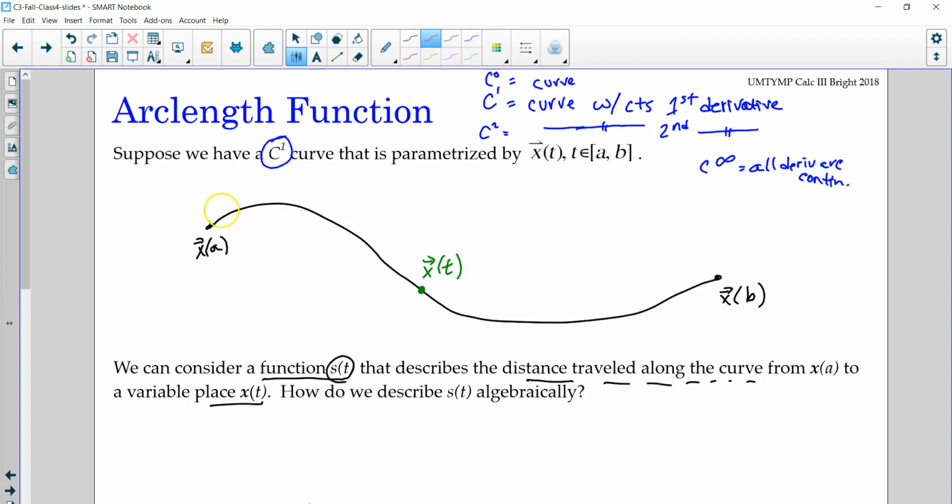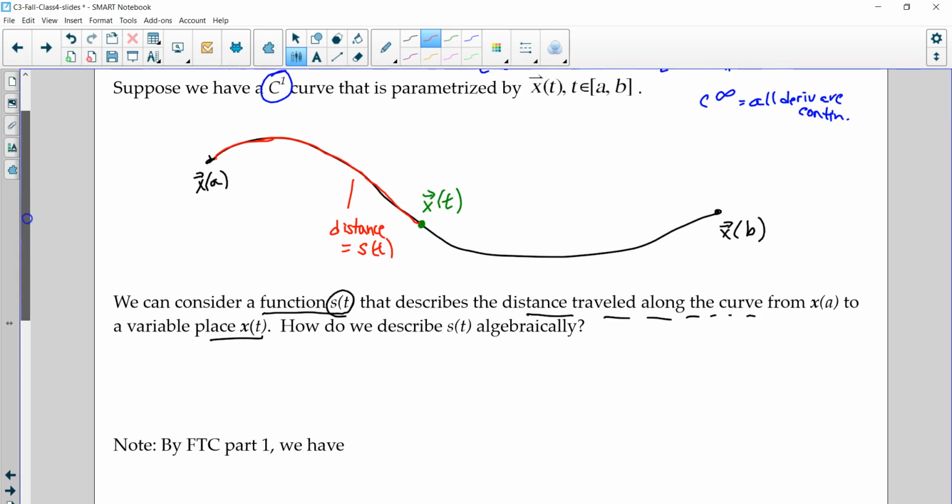And what I want this s function to do is to trace along this path from x of A to x of t. That distance should be s of t. So it's a mapping from R to R.